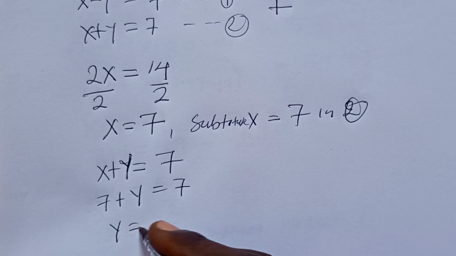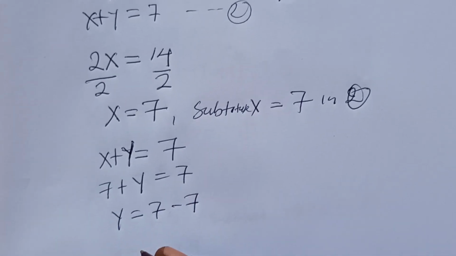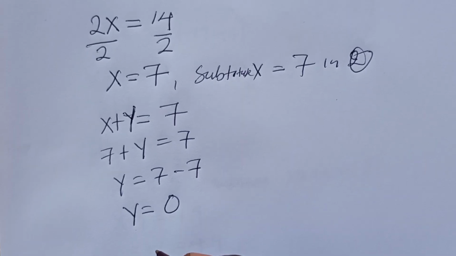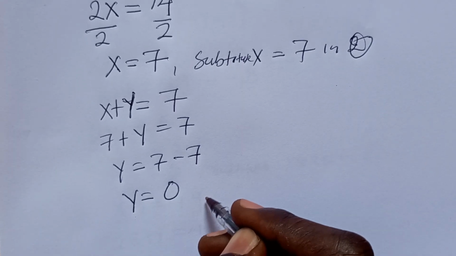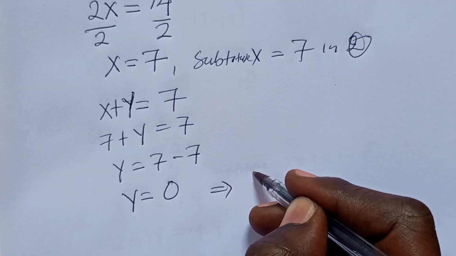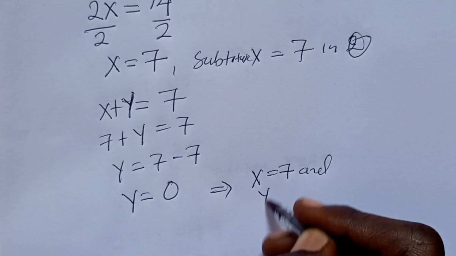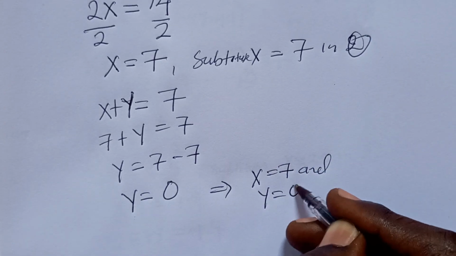So now our y is equal to 7 minus 7, which implies y is equal to 0. So in this case, you can see that our x is 7 and our y is 0.